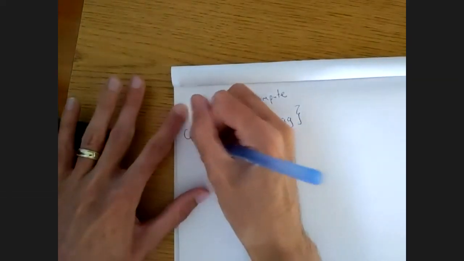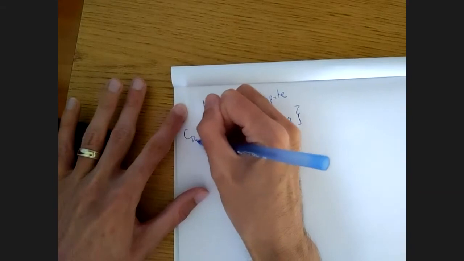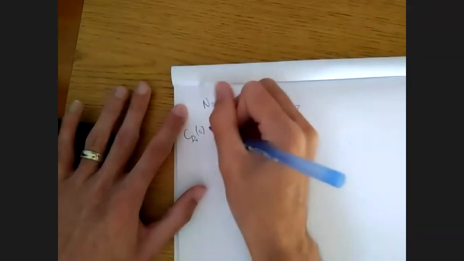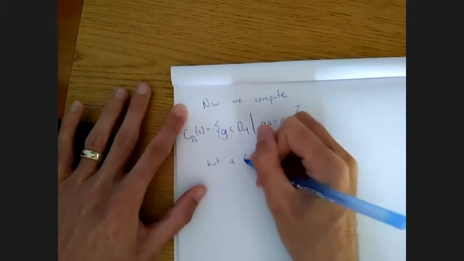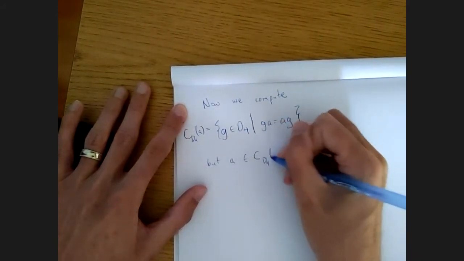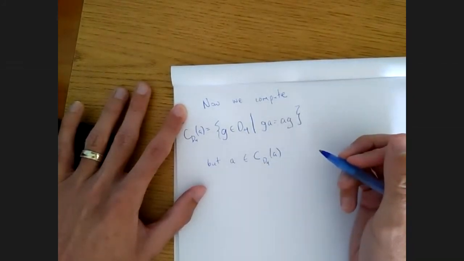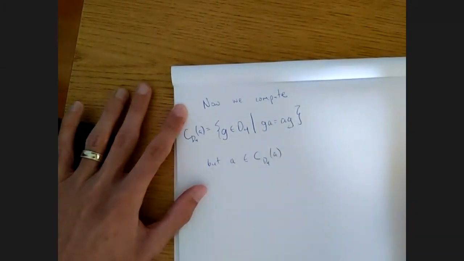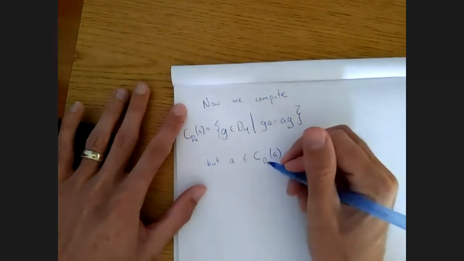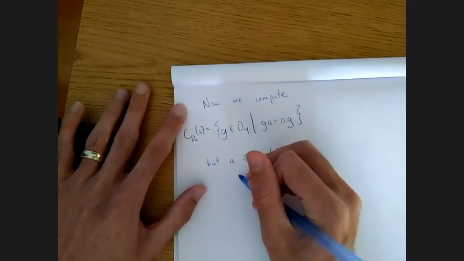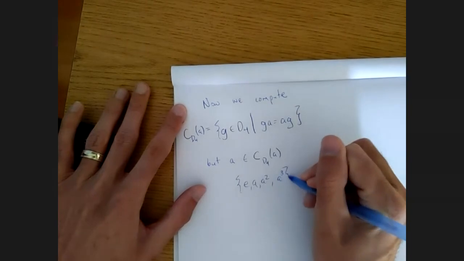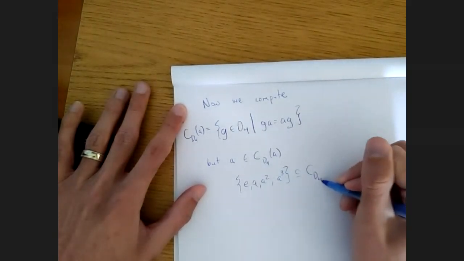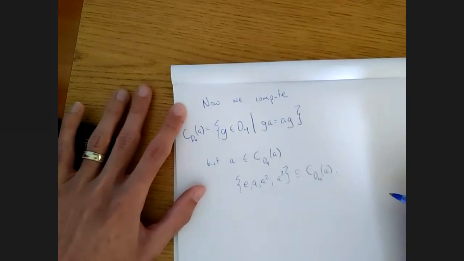We'll call this the centralizer in D4 of A. But notice A is in the centralizer of A, because A times A is just A times A. So this is trivially satisfied. And the centralizer is a subgroup, so all the powers of A are in the centralizer.